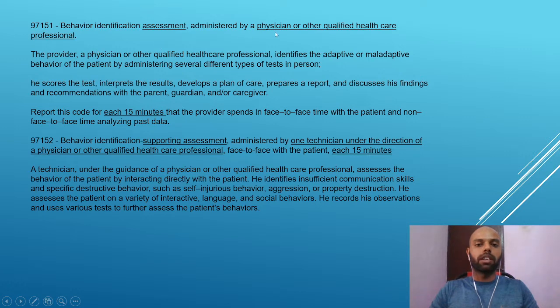In 97151 they have mentioned that a physician or other qualified healthcare professional can administer the service, but in 97152 they have mentioned it is administered by one technician under the direction of a physician or other qualified healthcare professional. That means the technician, in the sense of an RBT. An RBT can do 97152 under the direction of a BCBA. Instead, 97151 can only be billed by a BCBA.